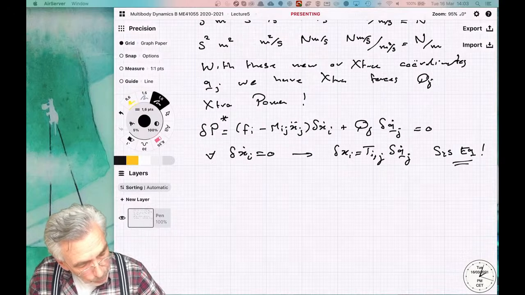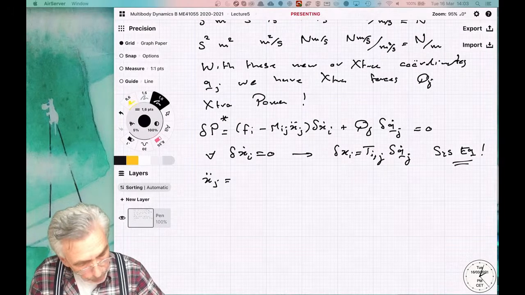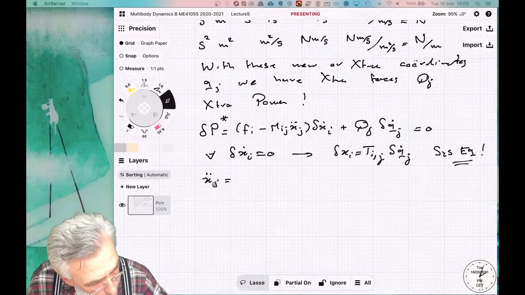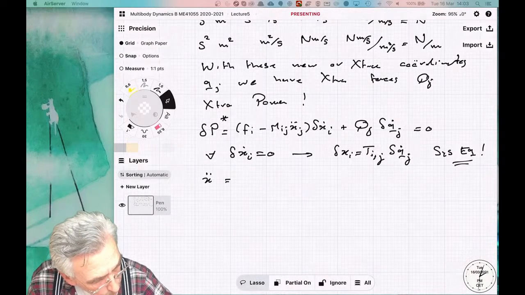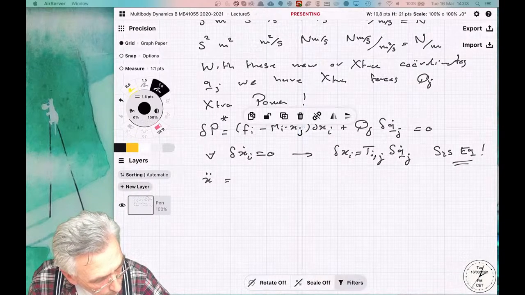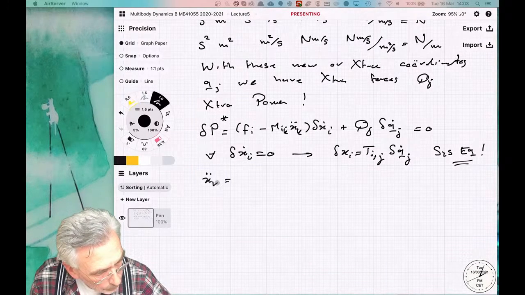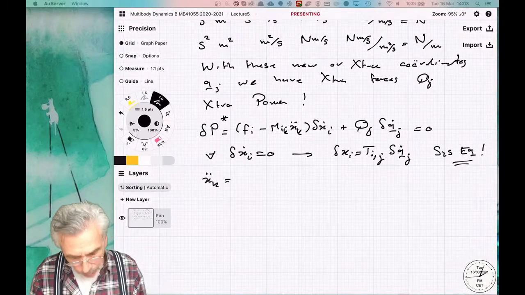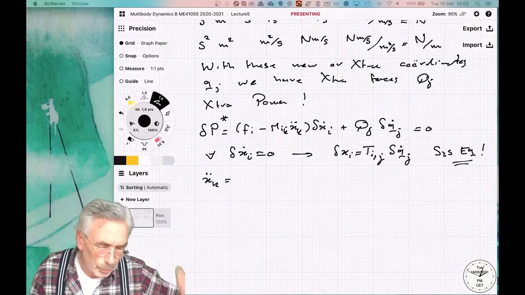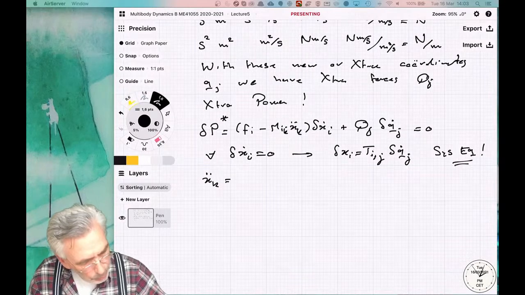So let's start with the first part. So q double dot j equals, well, we have, of course, I want to get rid of this j, because I already have a j here, so maybe I'm going to call this k, right? So x double dot k, to distinguish between the summation over j here, because j's summation is over the number of degrees of freedom, and here the summation is upon the center of mass coordinates, and that's different.